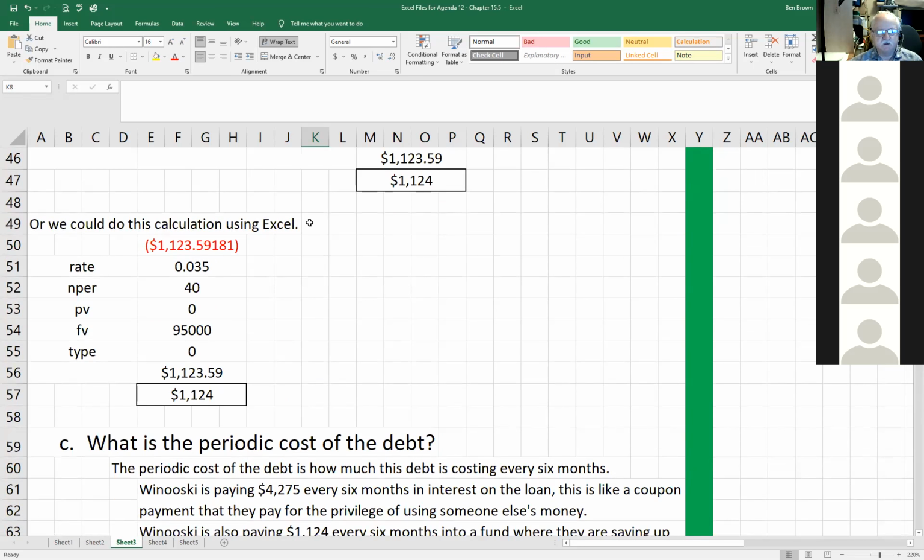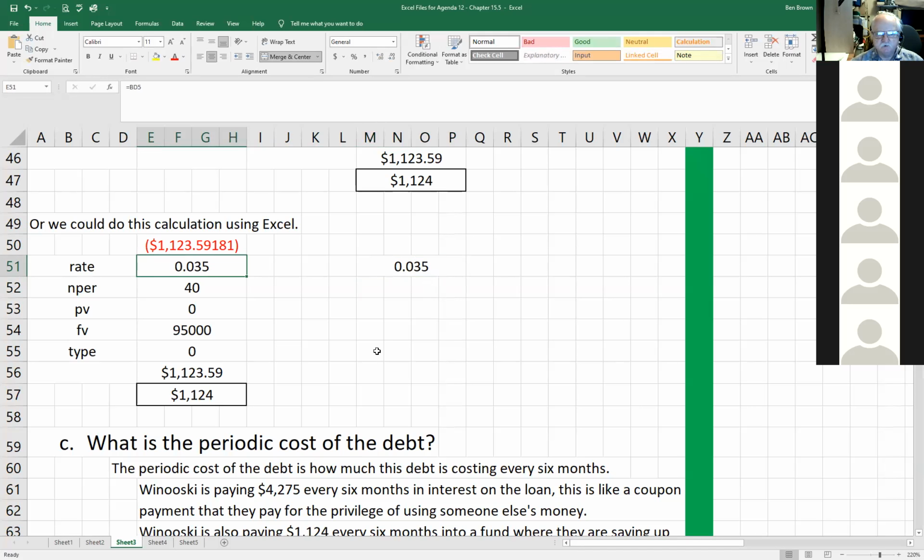And we can do this calculation on Excel. In this case, we had to find the rate. What was it? Equals 7% divided by 2. So we had to do this calculation separately and put it in here.